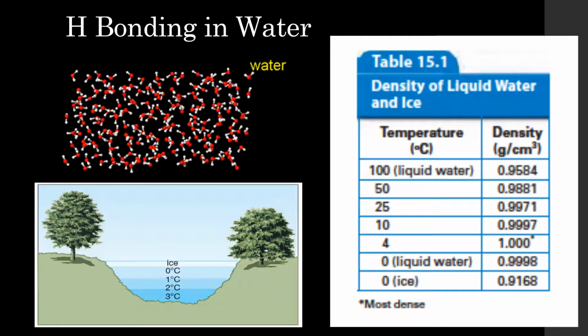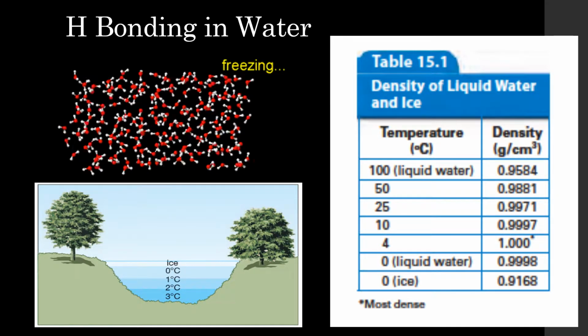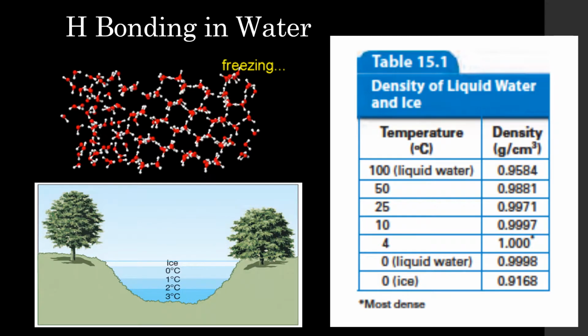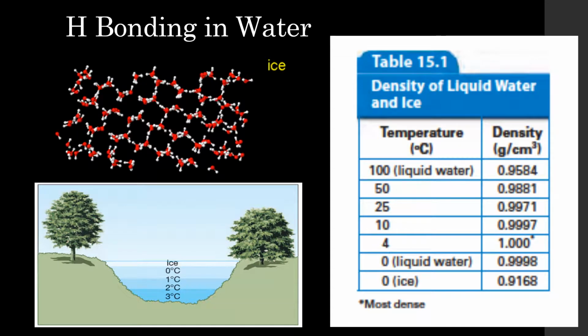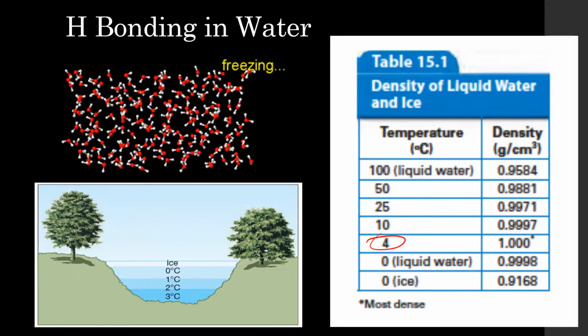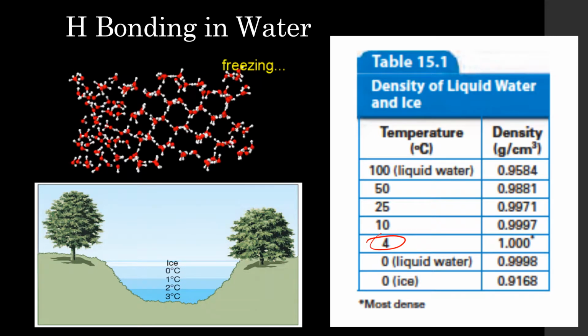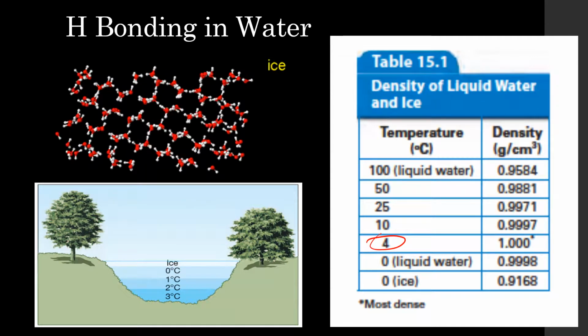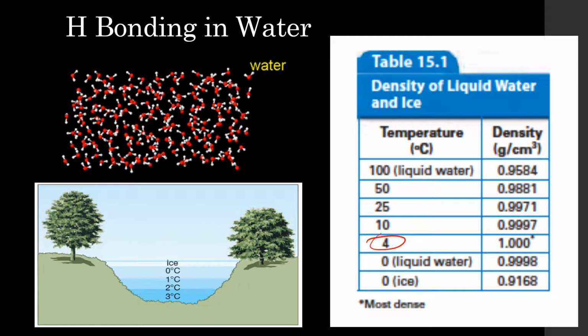Now, if we think about hydrogen bonding in water, it's interesting to note that when water freezes, it becomes less dense. So water is most dense at 4 degrees Celsius. So that's an important point. So if I think about why lakes don't freeze all the way up, they freeze from the top down.